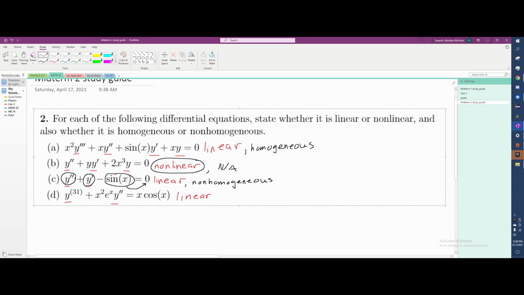However, for the right side, we can see that this material does not equal 0, and it does not have a y in it, which means it is non-homogeneous. So A is linear non-homogeneous, B is non-linear, C is linear non-homogeneous, and D is linear non-homogeneous.